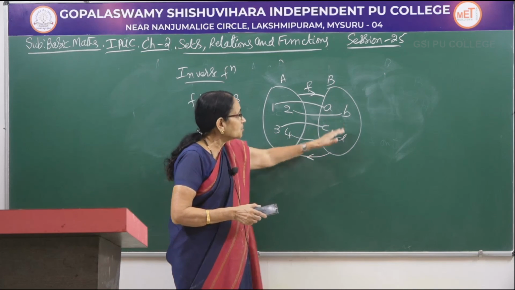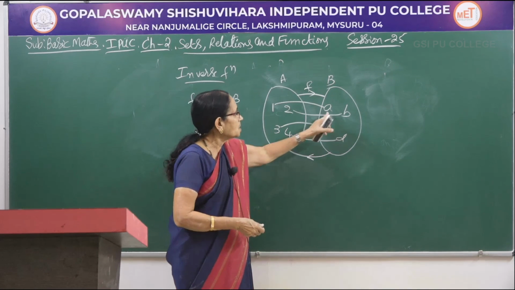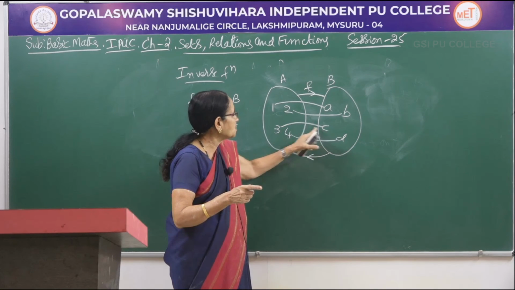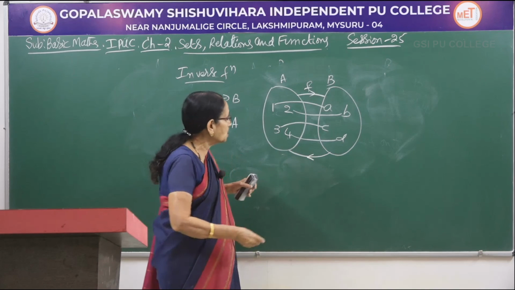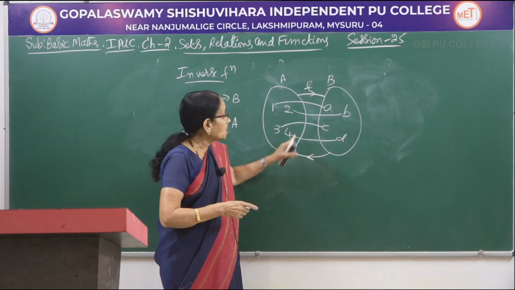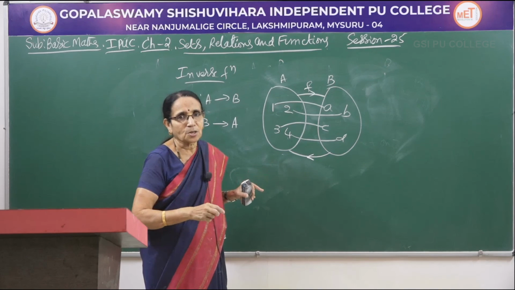A has image 1, B has image 2, C has image 3, D has image 4. Now, when this happens, what type of function am I considering? I am considering a bijective function.